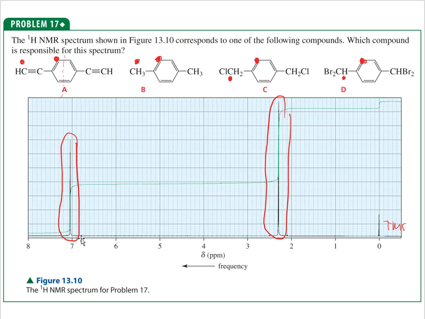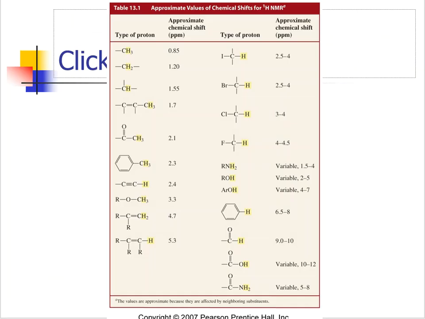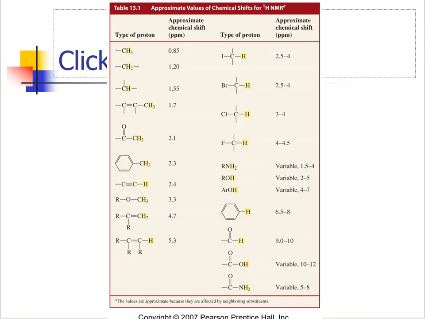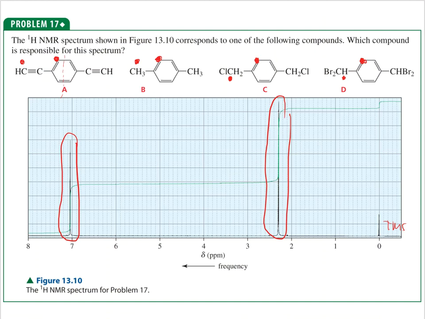So it looks like on the left, in the more downfield area of the NMR, we have something that's at about 7.1. So if I look at this chart that I hinted at in the previous video, we need to find something that's 7.1-ish. And if I look, here's a 6.5 to an 8, right? So that would include a 7.1, and that looks like a hydrogen on a benzene ring. So if I look at this particular NMR again, well, that's not really going to help us, is it?